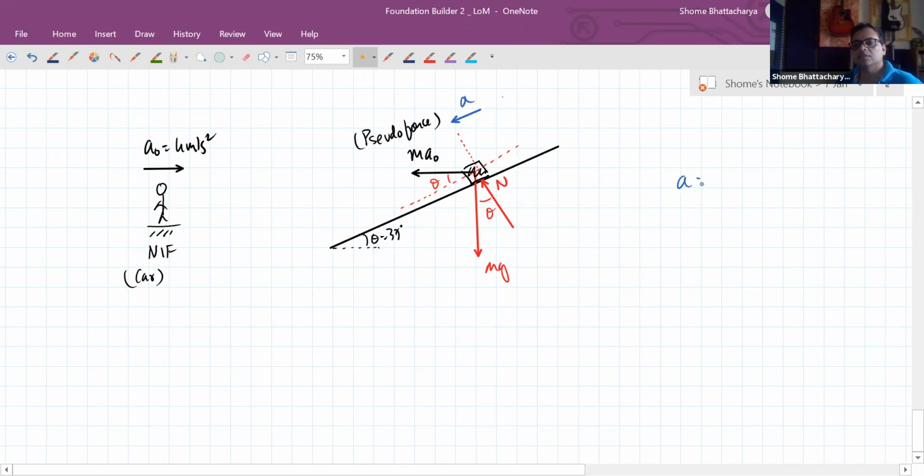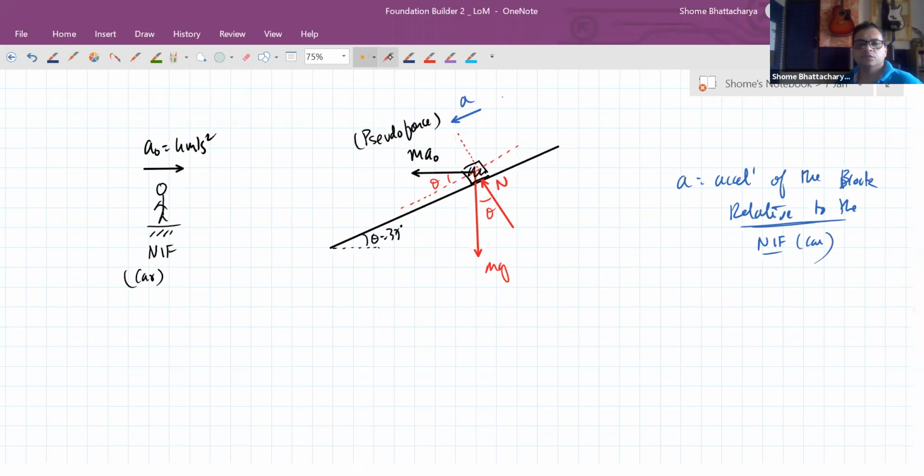Okay, so this acceleration is the acceleration of the block relative to the non-inertial frame. Okay. So next step, what we do is we resolve the forces as usual.